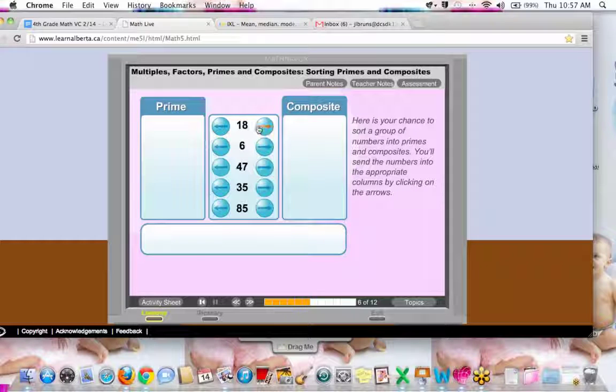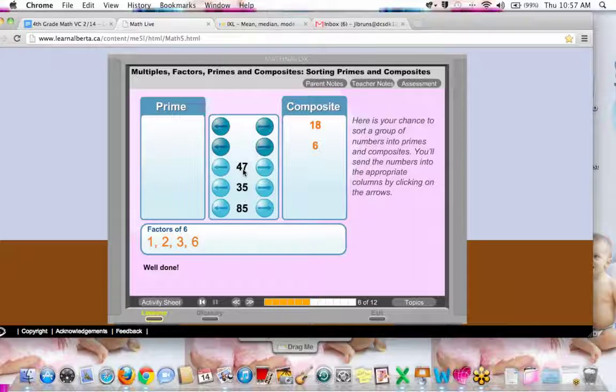It's composite. Yes, it has 3 or more factors. Beautiful. Jaden, is 6 a composite number or prime number? Composite. Yes, good, because you can divide it by 3. That's right. It has 3 or more factors. And look, there are actually 4 factors.